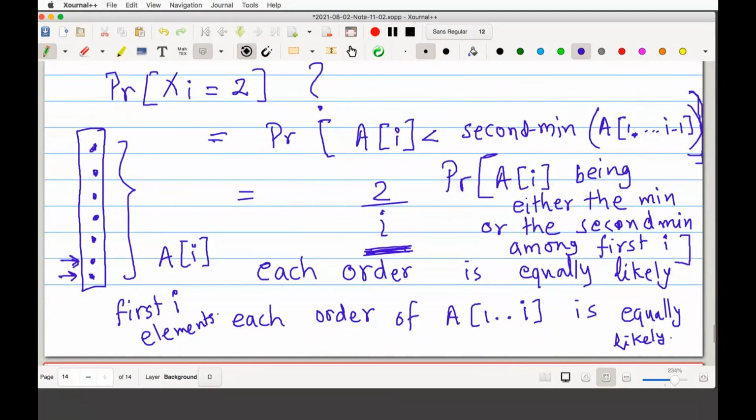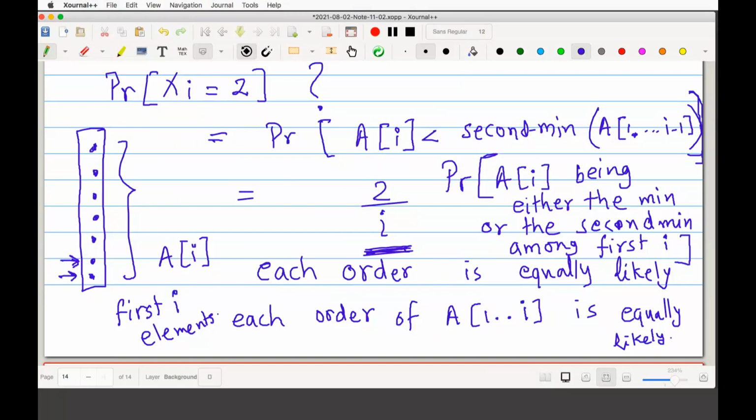What is my good event? The good event is that the minimum or the second minimum among the first I lands up in the ith position. There are different ways to think about it. Maybe for some it is easier to focus on the first I elements and think that each of the I factorial permutations of those I elements is equally likely.